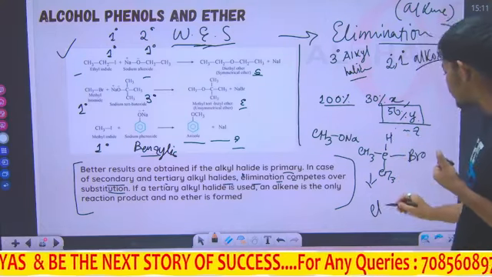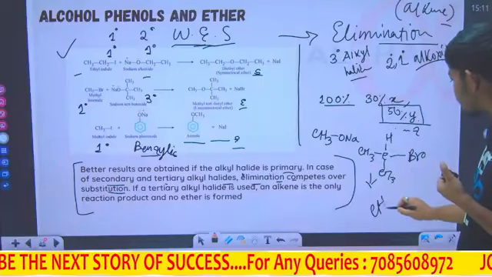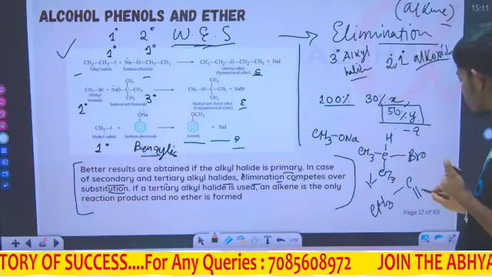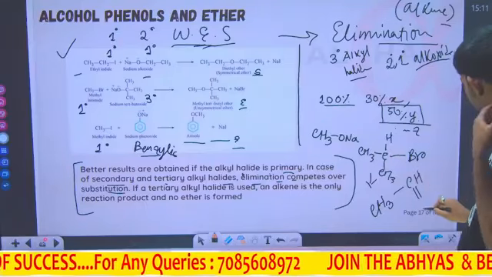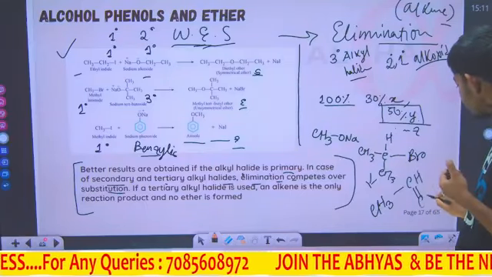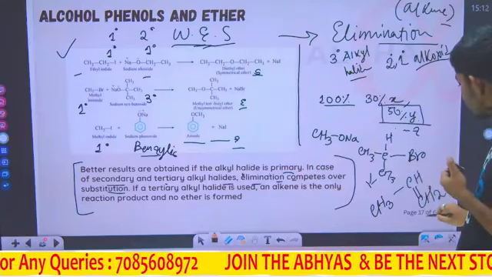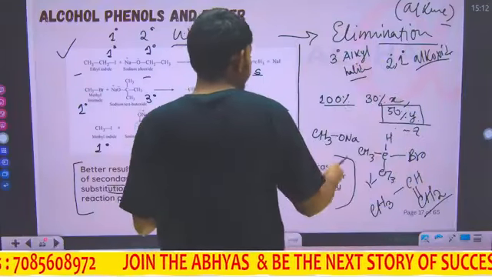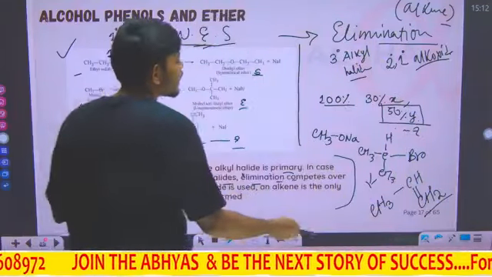Suppose 2 degree you're taking. This will be your major product. Instead of getting ether, you will get an elimination product.